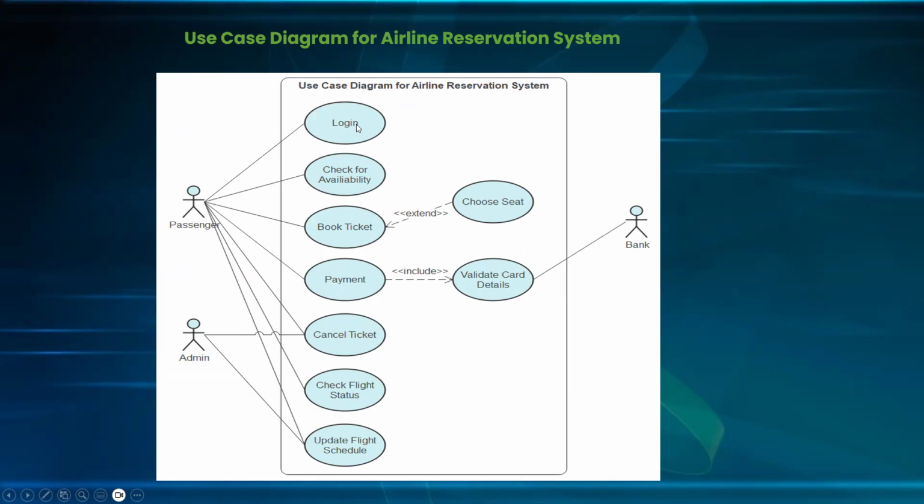Then you've gathered the requirements, you know what the system will do. At least some of those basic things that the system will do, you just put them out there as use cases. Then you connect them, association.